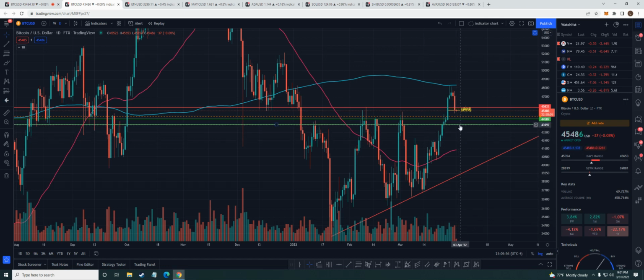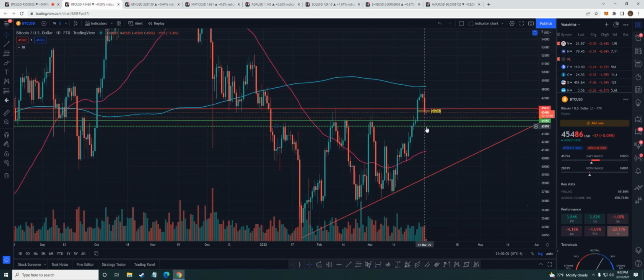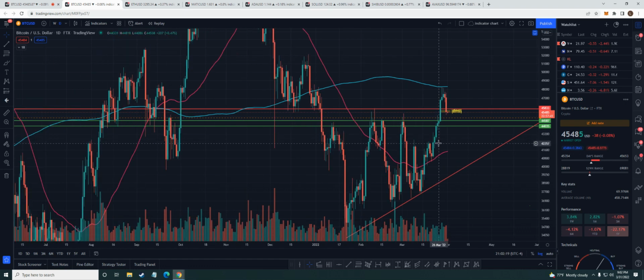$44,000 area. Now, in yesterday's video, I said I'll flip bearish if we get any kind of higher time frame closing under $44,000. So I drew out that target for you guys, and that's what I'm looking at right now. Can we get that low?